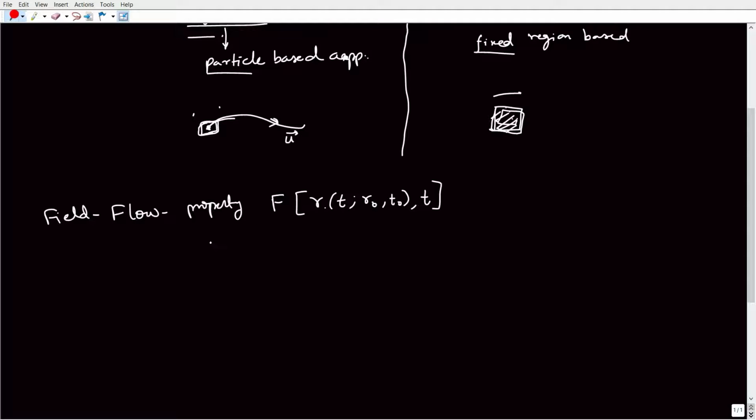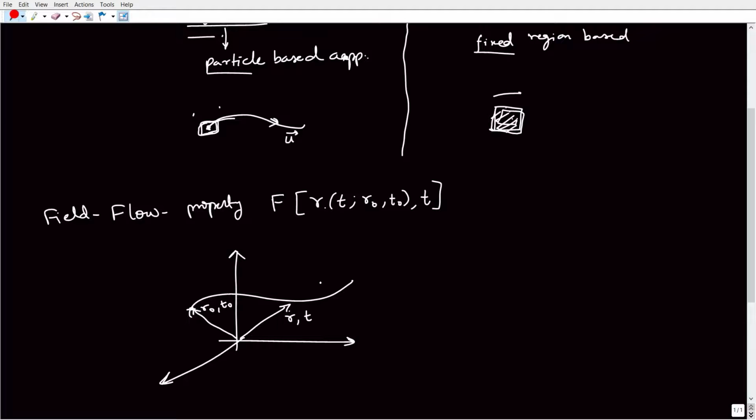Let's say this is our coordinate system, and this is a particle going, a particle that started at R naught at t naught, and this is R at t. This is the particle path. So this is the Lagrangian approach we are dealing with.